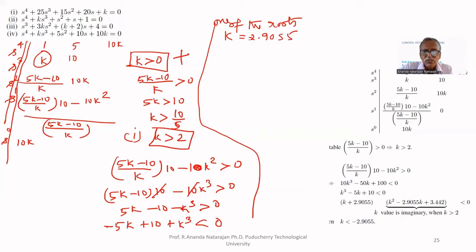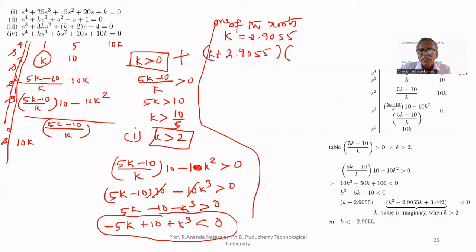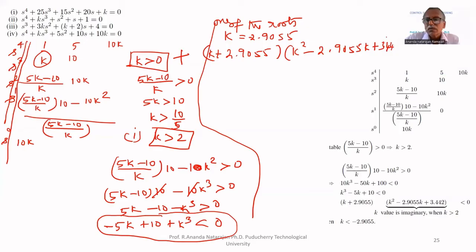Therefore, we can do synthetic division, and this polynomial can be written as (K plus 2.9055) times (K^2 minus 2.9055K plus 3.442), which should be less than 0.